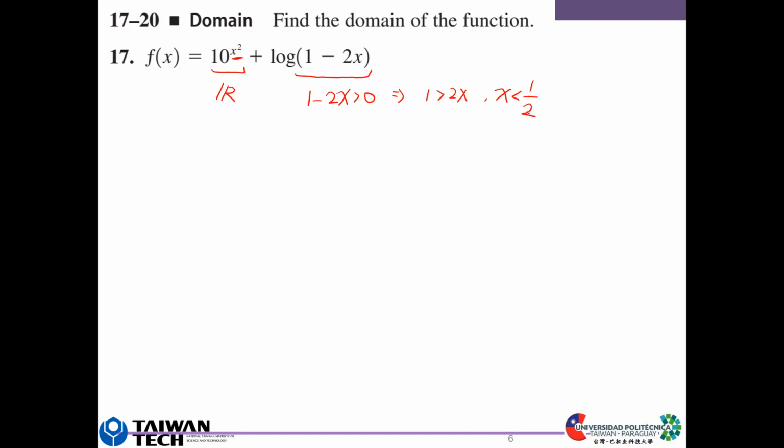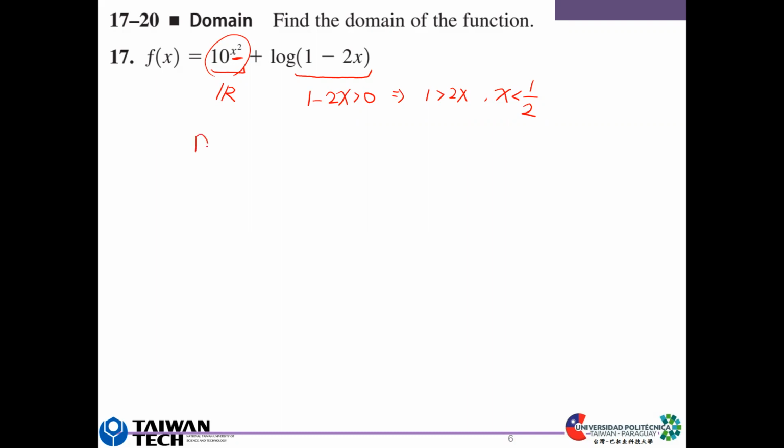Okay, so for the first term, x belongs to any real number. For the second term, it requires x smaller than 1 over 2. So we take the intersection of the two.